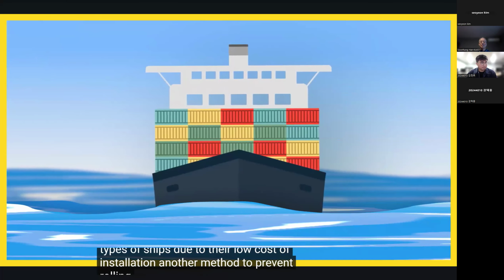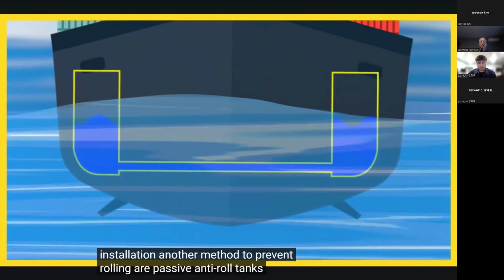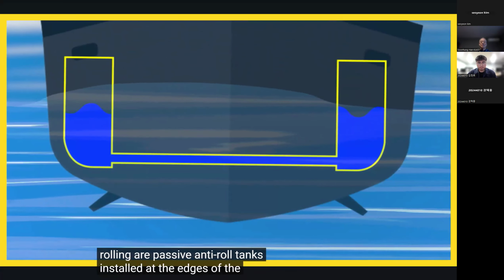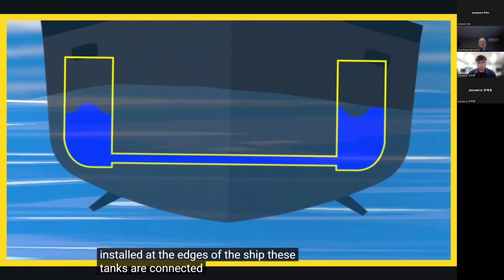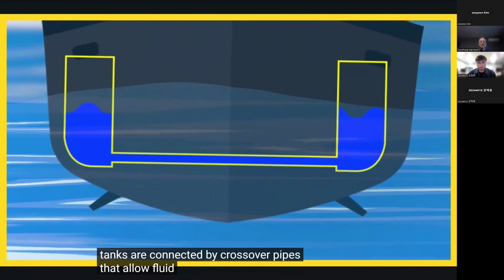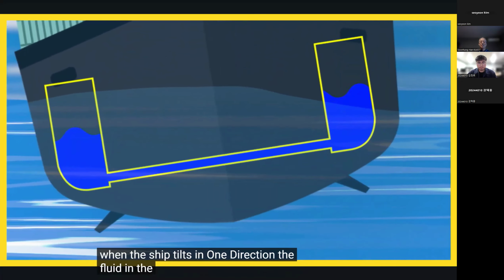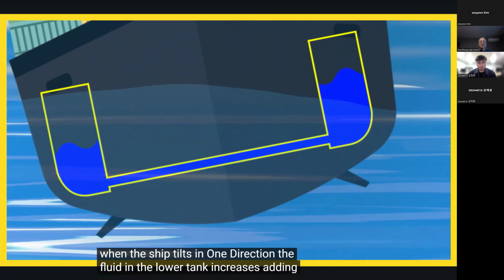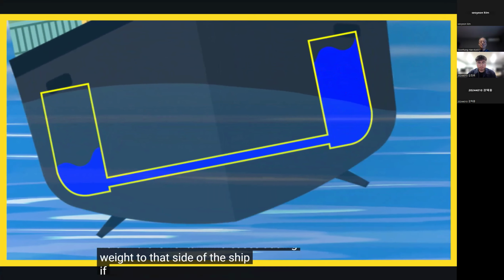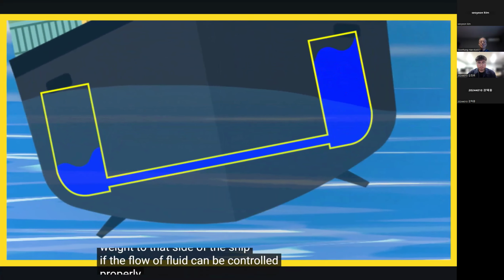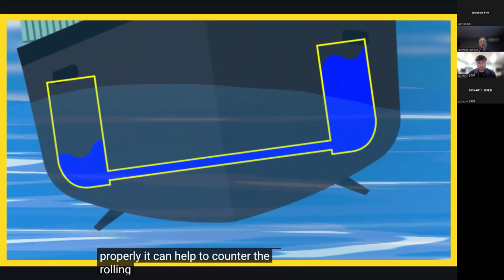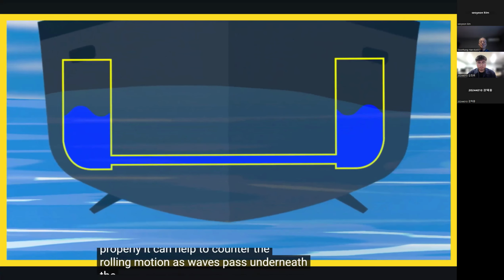Another method to prevent rolling are passive anti-roll tanks installed at the edges of the ship. These tanks are connected by crossover pipes that allow fluid to flow between them. When the ship tilts in one direction, the fluid in the lower tank increases, adding weight to that side of the ship. If the flow of fluid can be controlled properly, it can help to counter the rolling motion as waves pass underneath the ship.